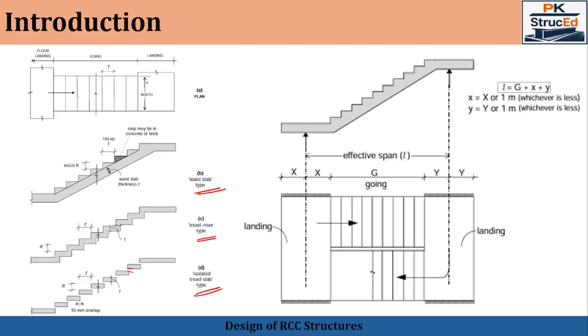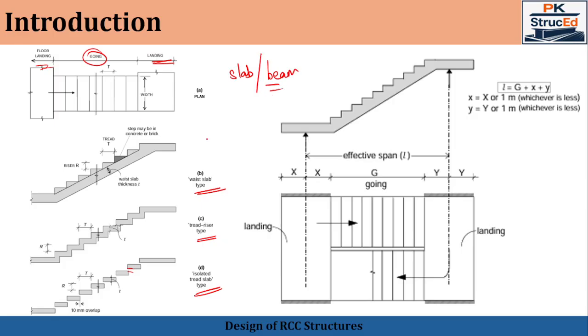Regarding the plan, we have the going in which the steps are provided, and on either side of the going we have the landings. The landings may be in the form of a landing slab or a landing beam. In both ways it can be connected.